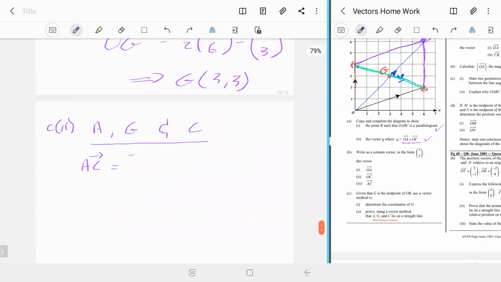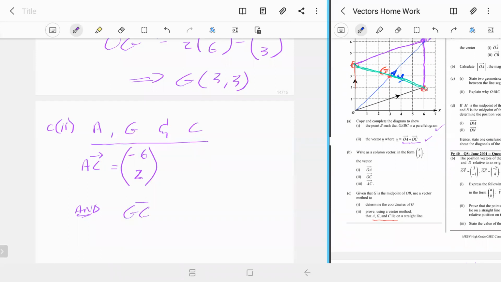After AC, we're going to use something with G. Which one do you want to use, AG or GC? GC? Yes, sir. All right, so we're going to use AC and GC.